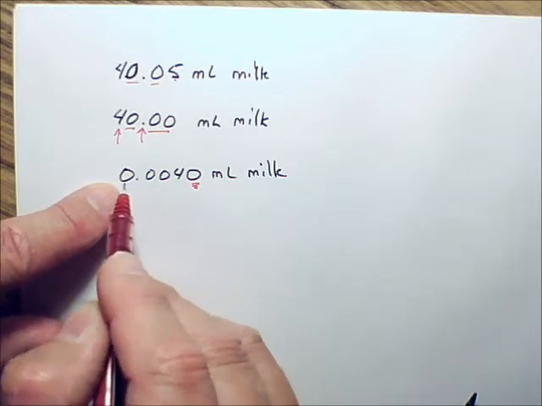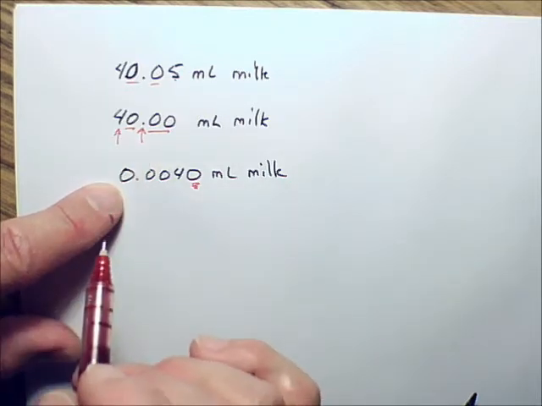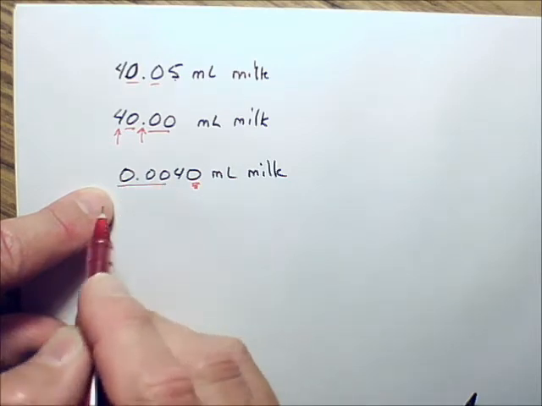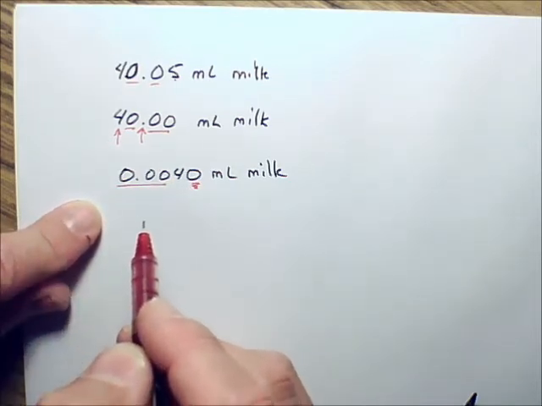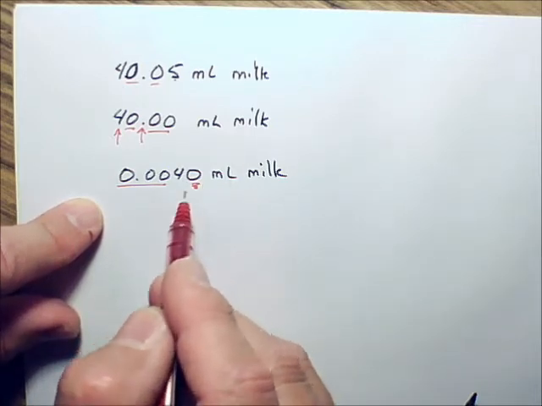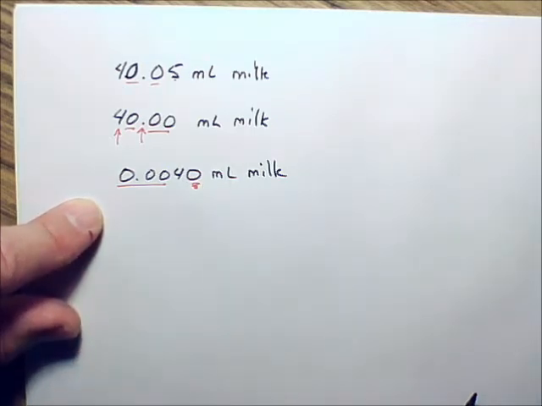But these three zeros don't meet either of our other two rules, and they're called leading zeros. So those zeros are not significant, and this one is. So this number has two significant digits.